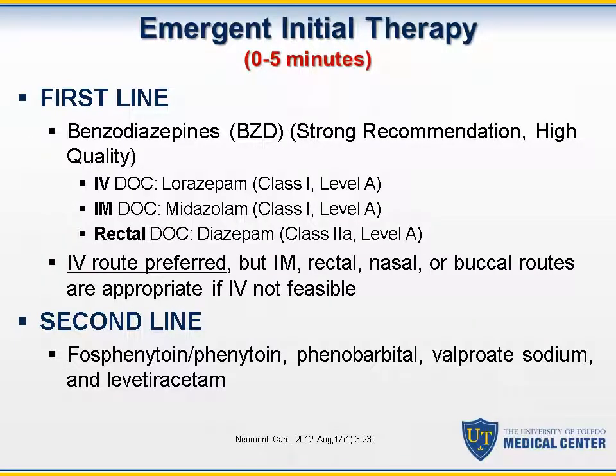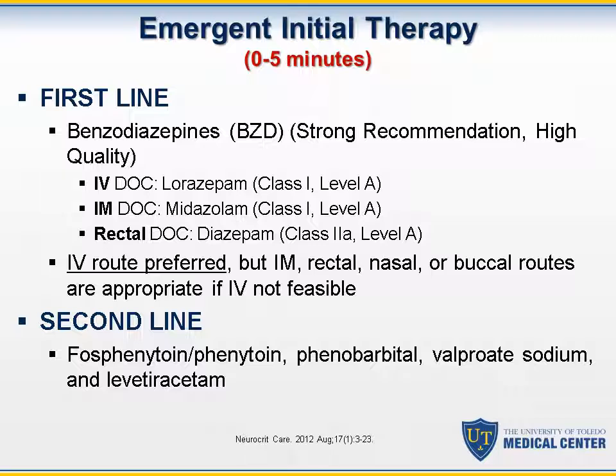Although many different classes of AEDs have been studied for use in emergent initial therapy, benzodiazepines or BZDs remain the agent of choice based on supporting evidence and expert opinion. These medications have a direct action on the GABA-A receptors and thus have an inhibitory effect on neuronal excitability.